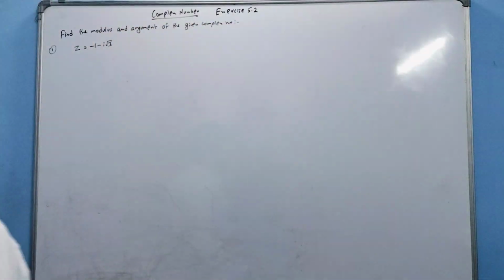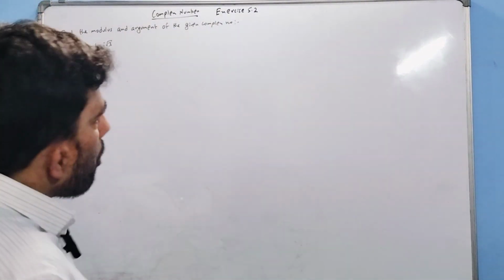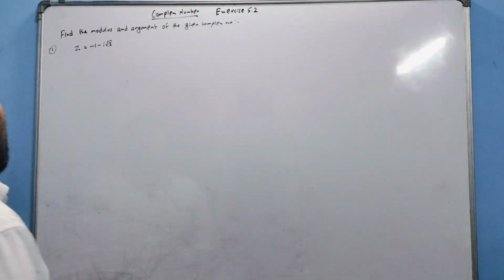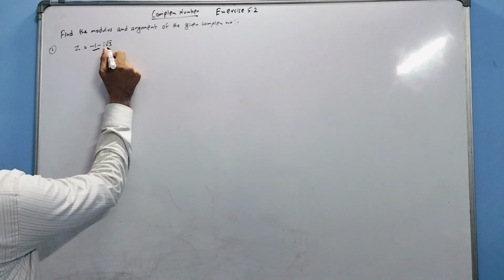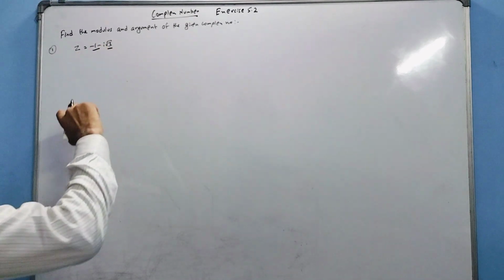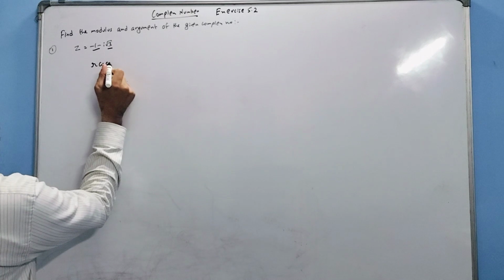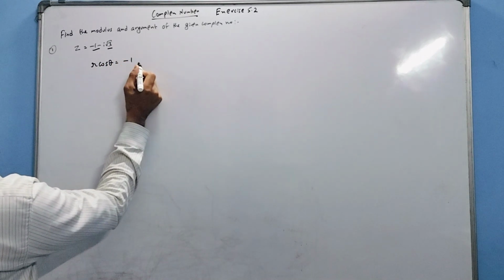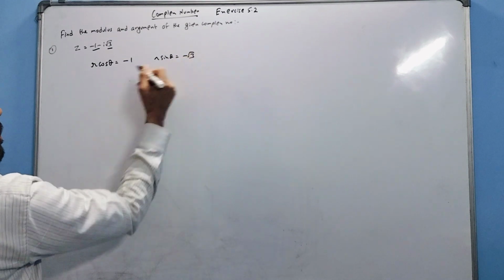Now let us try to solve it. They have given the complex number z is equal to -1 minus i root 3. So here I have two things, a real part and an imaginary part. So here they have given r cos theta is equal to -1, r sin theta is equal to minus root 3.